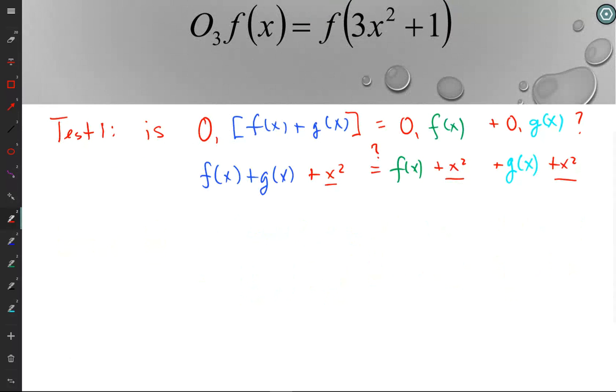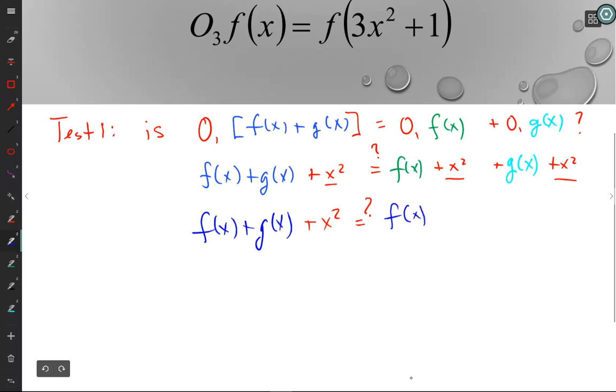And so when I put it together, those aren't equal because there are two x squareds on the right side and one on the left. So it fails the first test, but I'm still going to check the second test. I'd like you to do this on the homework as well, just to get practice with both tests instead of stopping each time the first one fails.